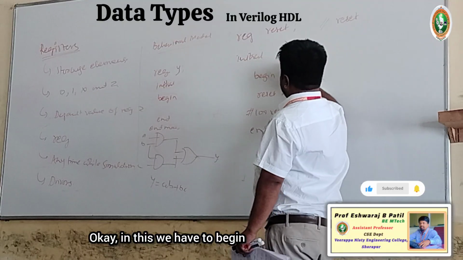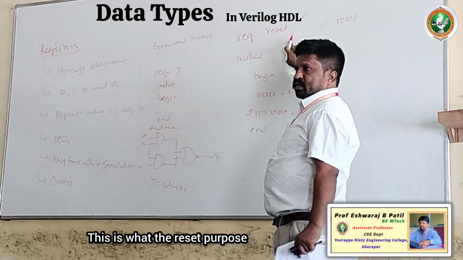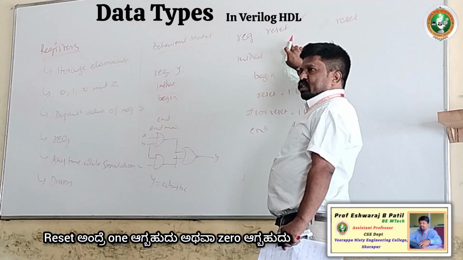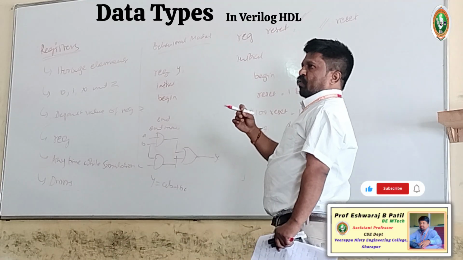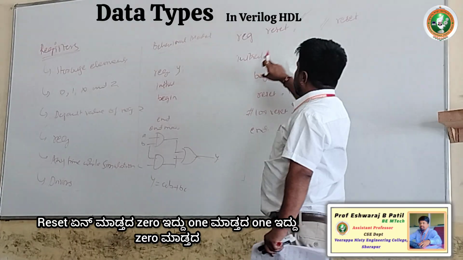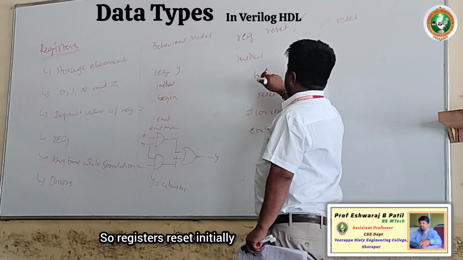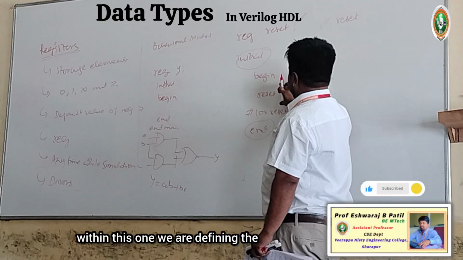In this we have to begin, we are writing the code. This is what the reset purpose is. Reset can be 1 or 0. Instead of using the clock, if I use the reset, 0 becomes 1, and 1 becomes 0. For reset, in the initial block we are defining the begin and end.